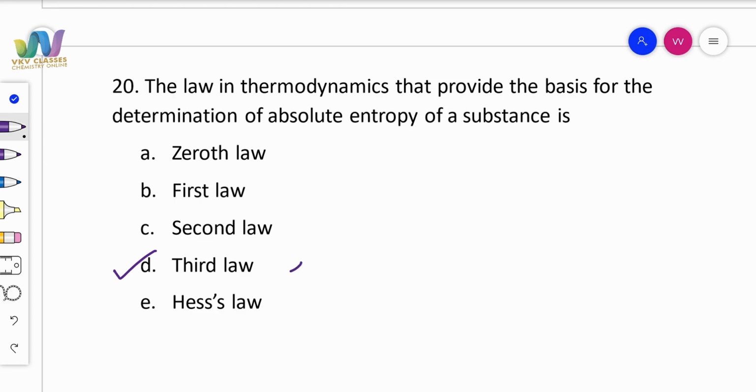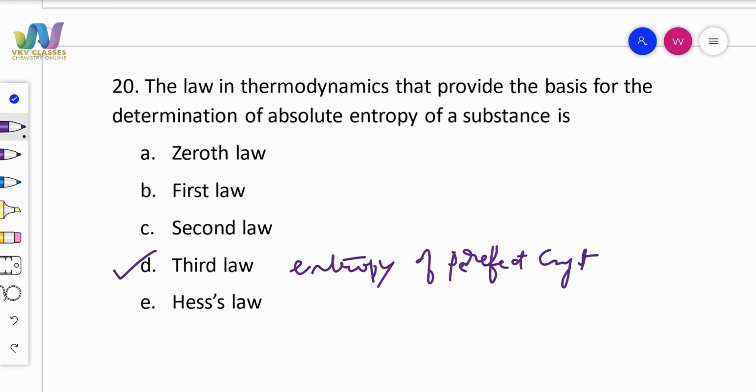So the third law says entropy of a perfect crystal is equal to 0 at absolute 0. So the third law gives a method for determining the absolute entropy.